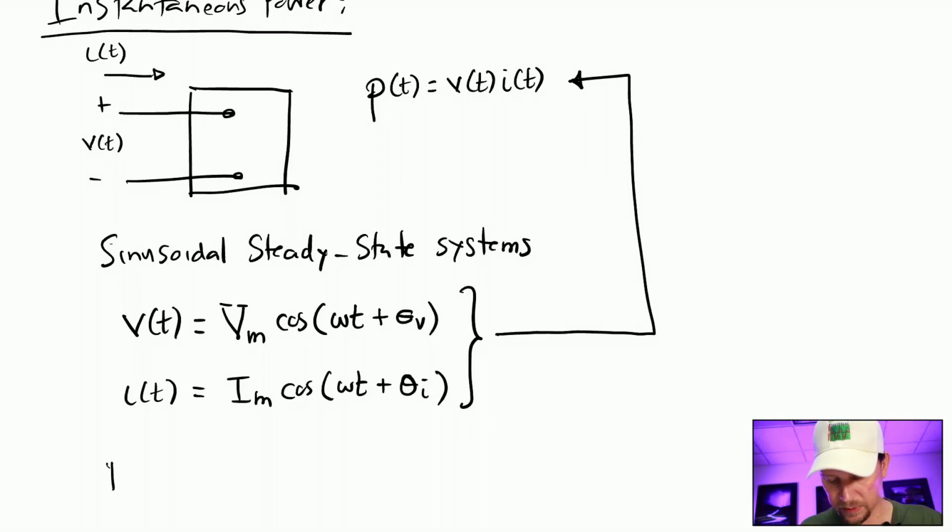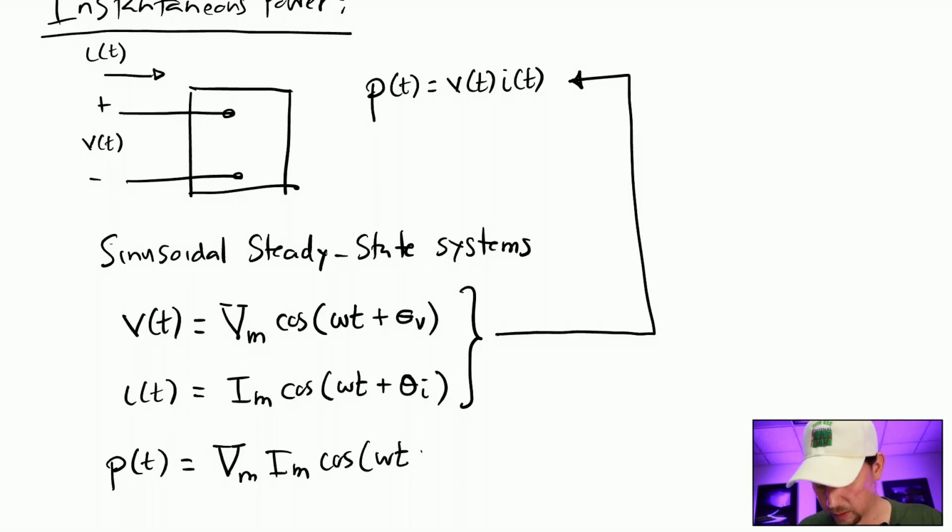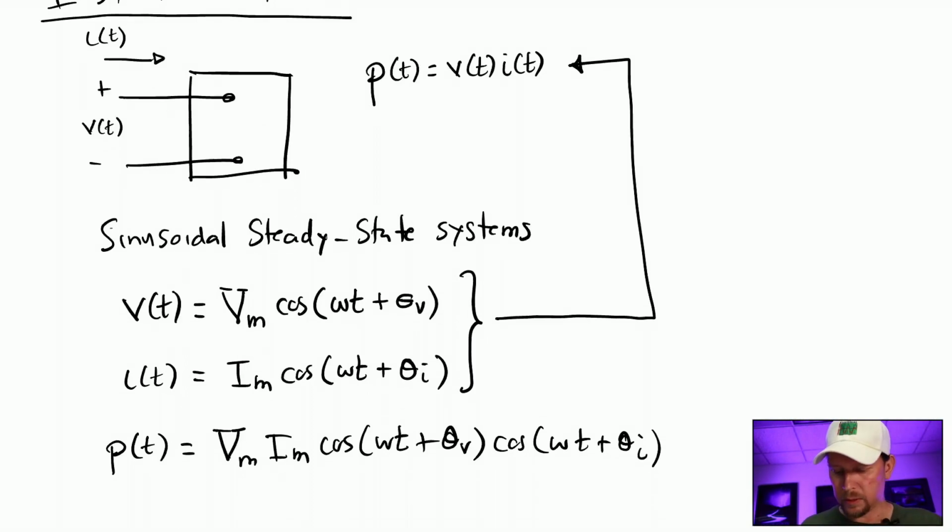So for these types of systems, the power is the voltage magnitude times the current magnitude times the cosine of omega t plus the phase angle for the voltage times cosine of omega t plus the phase angle for the current.